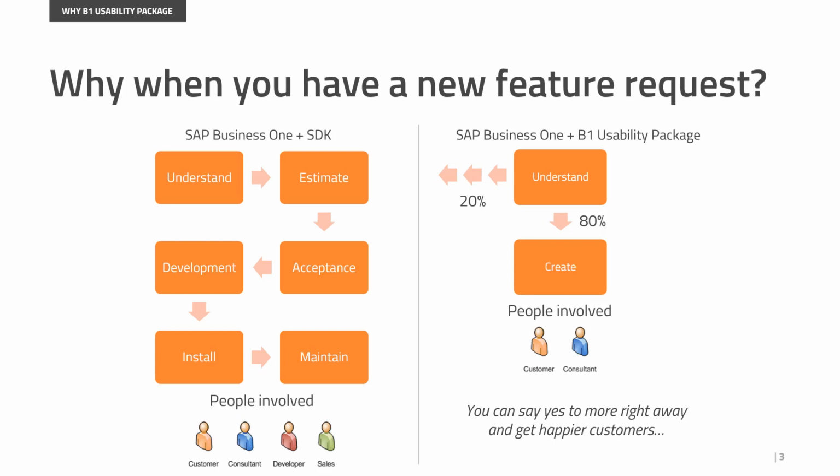And that essentially ends up that you can say yes more and right away get happier customers. And we all know that happier customers also are more profitable customers, of course. So that is the main thing of this tool, that all these things we can't plan for, no matter how hard we try, can be solved in many cases using this tool.